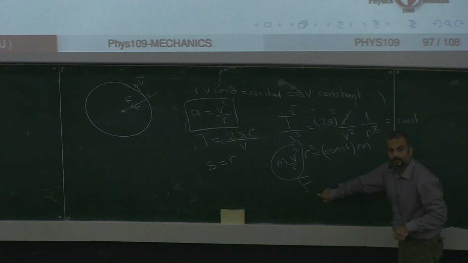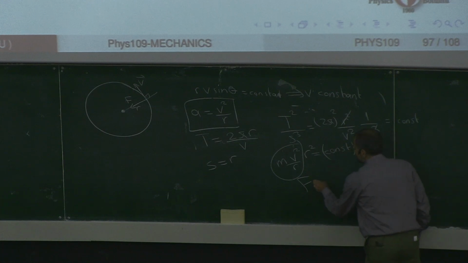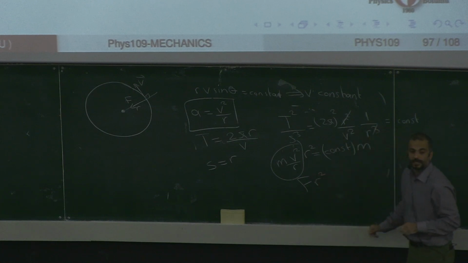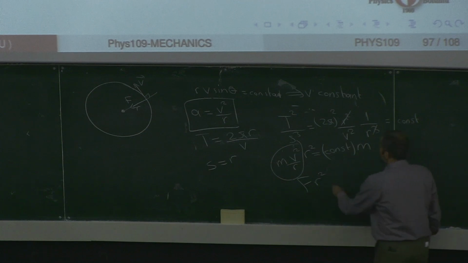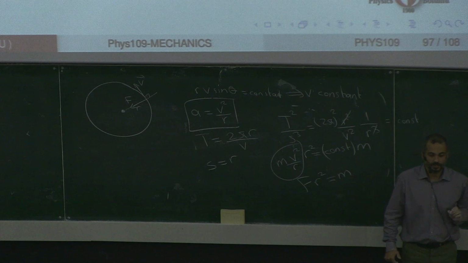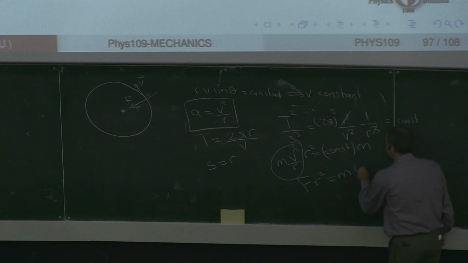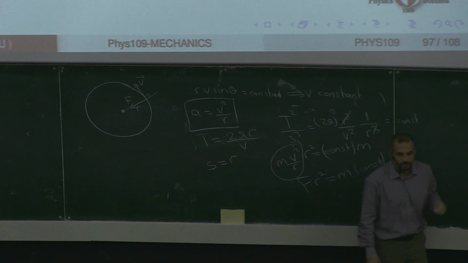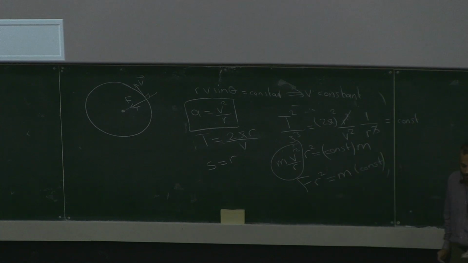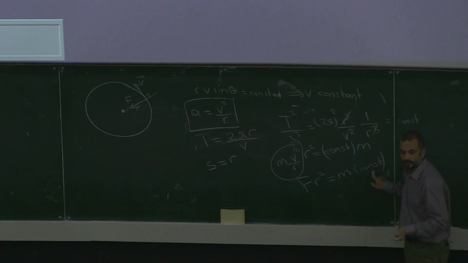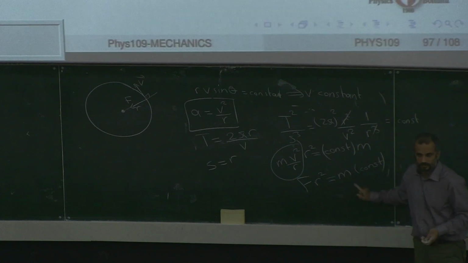such that the magnitude of that force multiplied by the distance of the planet from the sun is equal to the mass of my planet, whichever planet I'm studying, times some constant which doesn't depend on my planet or on the mass of my planet. So this constant is the same for Mars, the same for Earth. But this m is of course different.